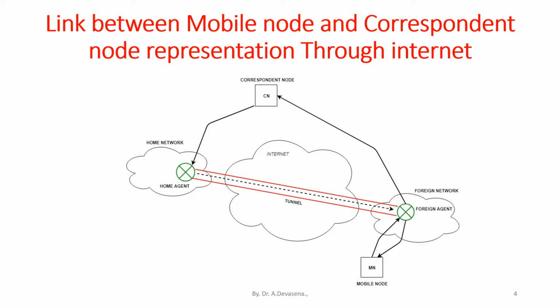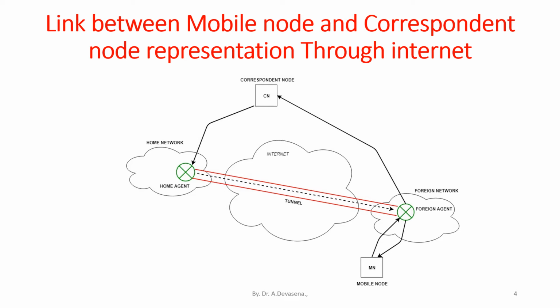So the transfer of data from the correspondent node to the mobile node takes place through the internet. First, the data is transferred from the correspondent node to the home agent that is present in the home network. And from the home network, the data is transferred to the foreign network with the help of the tunneling operation, and the data is handed over to the foreign agent that is present in the foreign network.